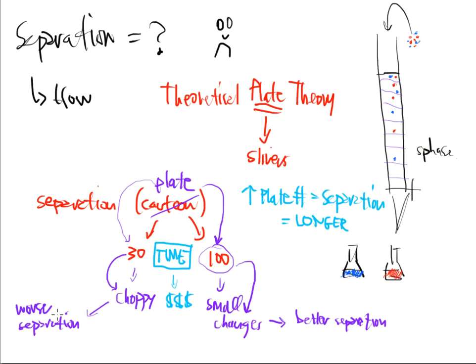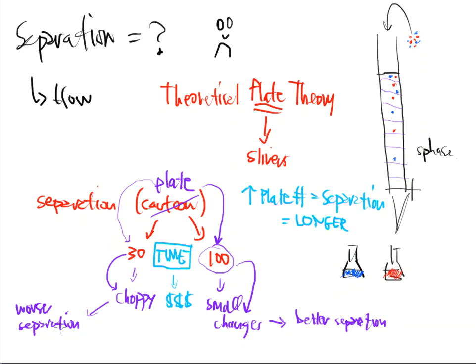So what I told you before this video paused is that the larger plate number gives you better separation every single time. Period. Point blank, right? The problem is that time is money. It takes less time for the cartoonist with 30 sheets to draw the cartoon.